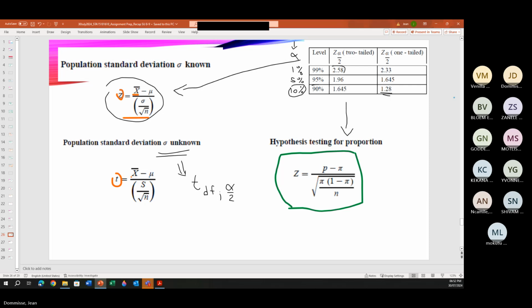So your sample mean, your population mean, and the standard error, whether it's the population one or the standard error of your sample when it's unknown. It doesn't matter if, in hypothesis testing, we work out the Z or the T, we always call it the T-stat.